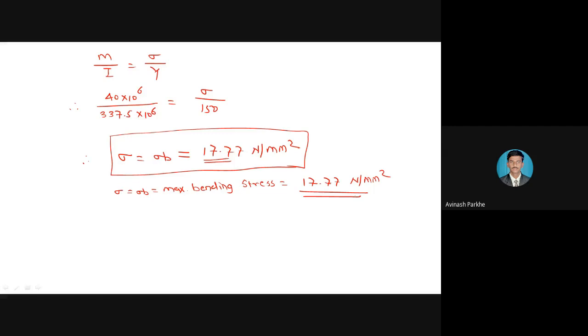This is about the maximum bending stress calculation. I hope everyone has done the calculations and got the final answer in the form of sigma b is equal to 17.77 Newton per mm square.